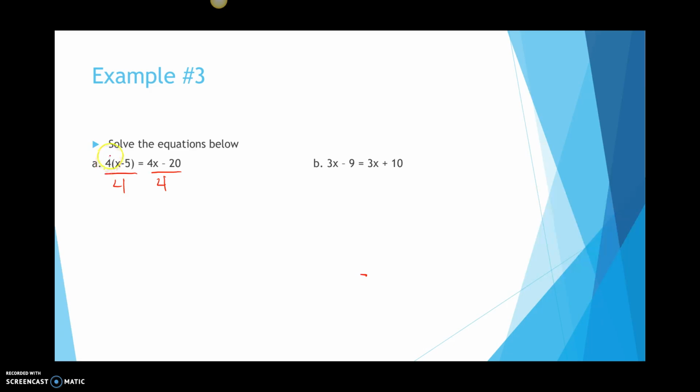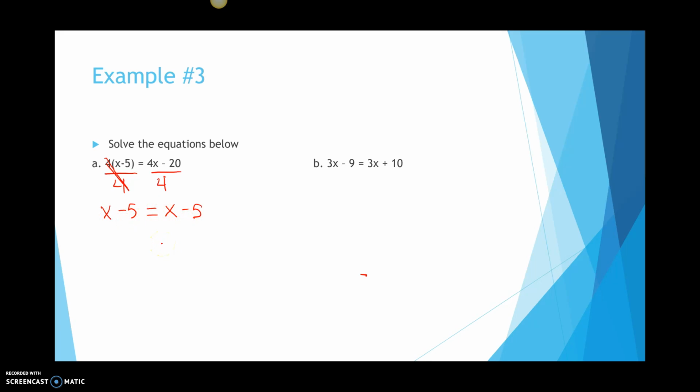Because if I do, it'll cancel out my 4's on the left, so I'm left with x minus 5 on the left side. And if I divide 4 divided by 4, that leaves me with x. And if I did negative 20 divided by 4, that would be a minus 5. I would end up with the same answer, x minus 5 on both sides.